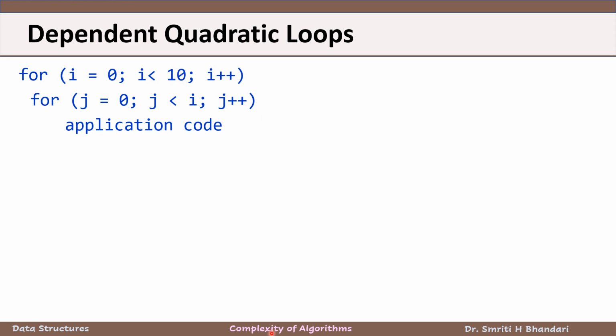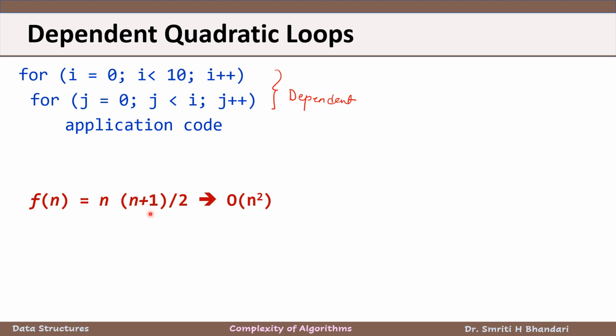Such a construct is known as a dependent loop. How many times does this get executed? The number of times the code gets executed is n into n plus 1 divided by 2.